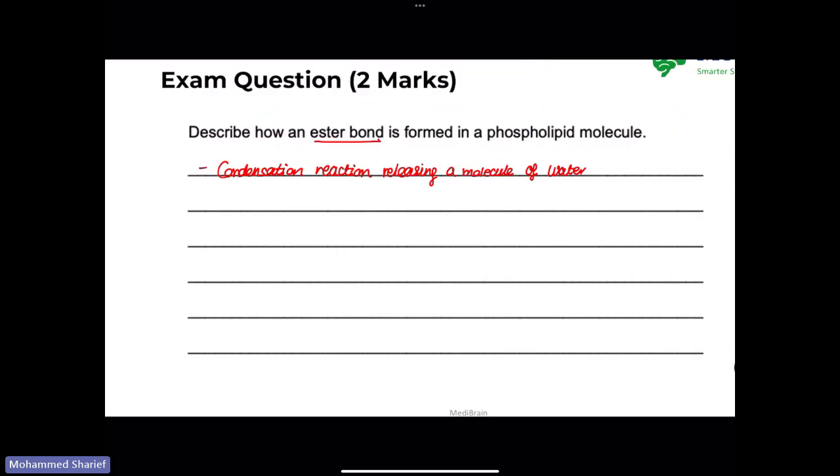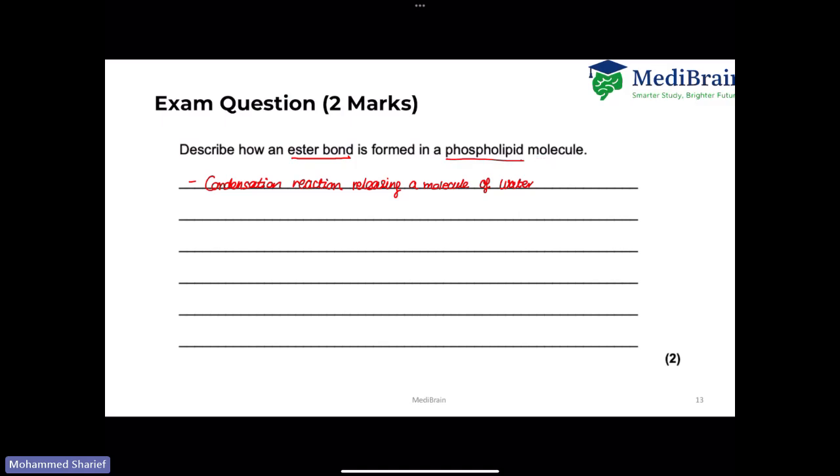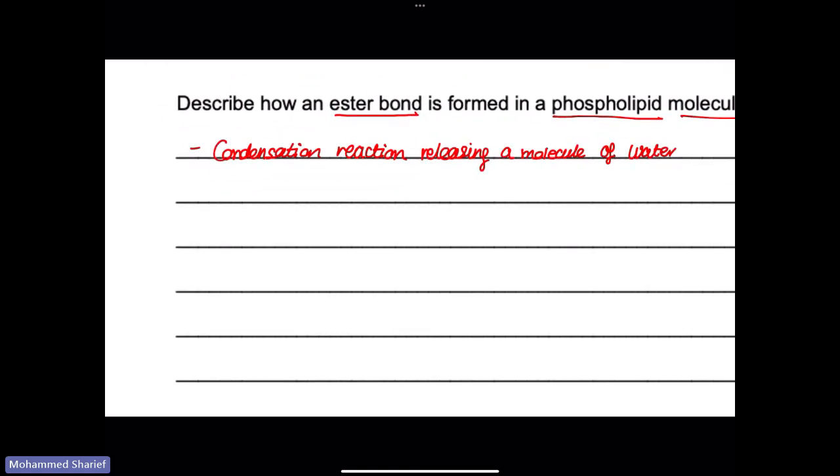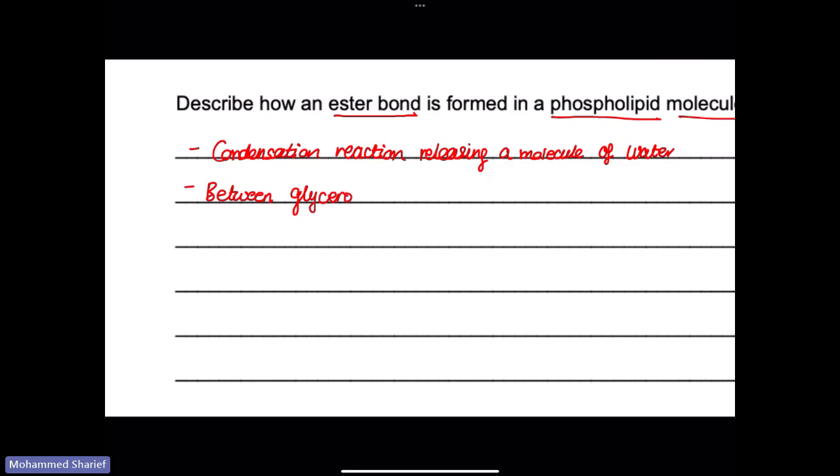Where does it happen? It's saying how is an ester bond formed in a phospholipid molecule. If it's stated the specific molecule, you also need to state where it's actually happening. So condensation reaction releasing a molecule of water between a glycerol and a fatty acid.